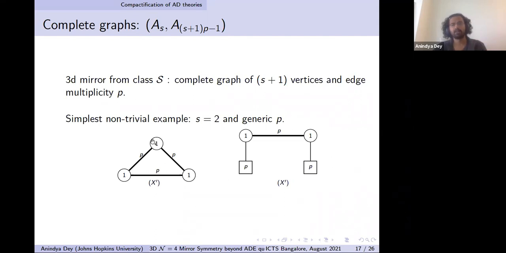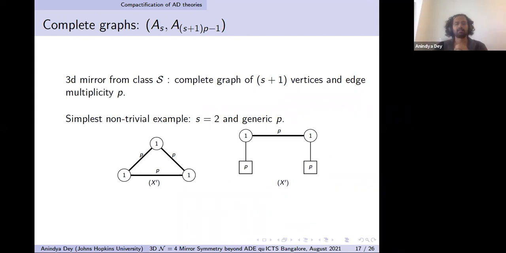Now you see that there is no fundamental flavor here. So there will be an overall U(1) that decouples from the system, and you get a quiver, which looks like this.